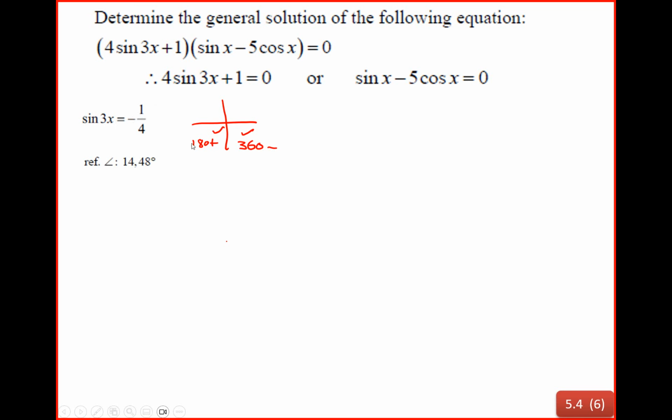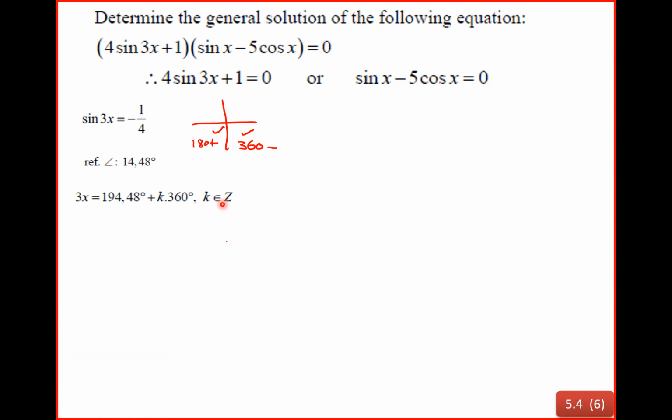Now we know that this can be in quadrant 3. So if we go with our angle formula in quadrant 3, we're going to get 3x is equal to 180 plus 14.48, that's 194.48 plus k360.